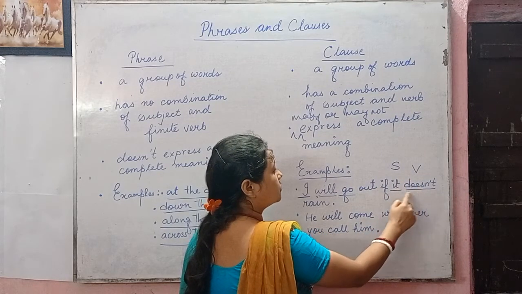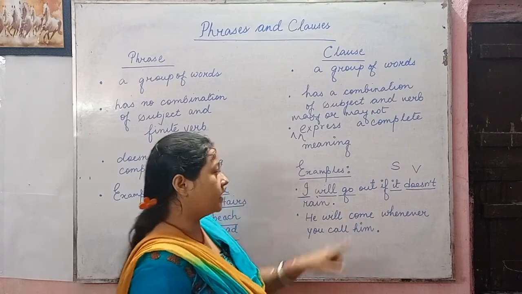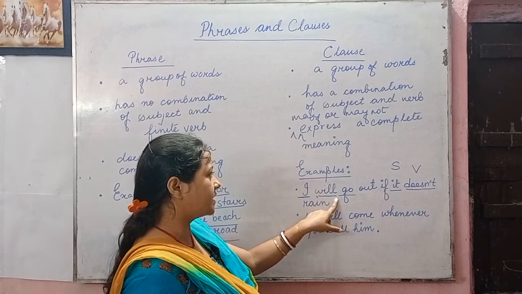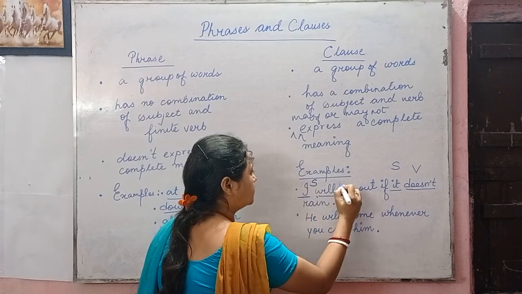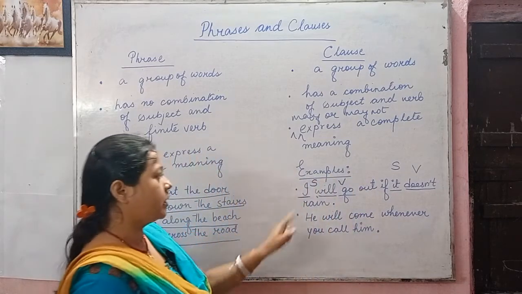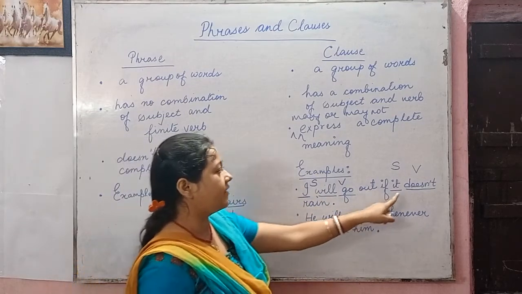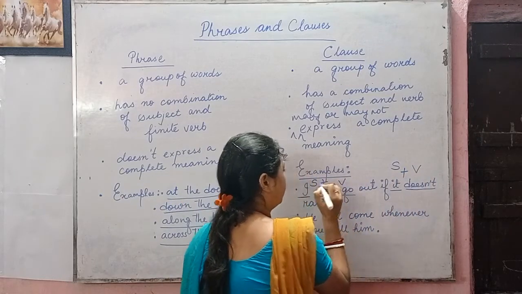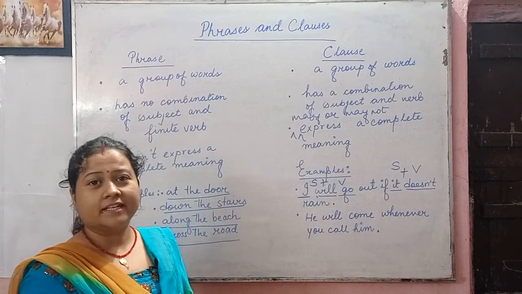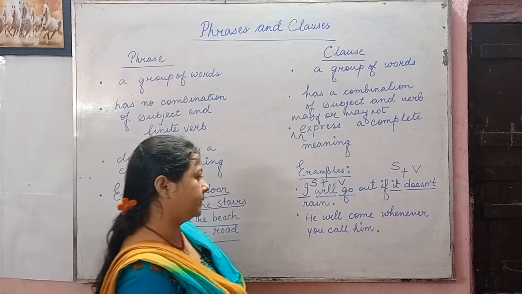So children, it is also another combination of subject and verb. So here is one combination of subject and verb, I is the subject, will go is the verb, and this is another combination of subject and verb. So how many clauses did we get here? We got two clauses here.